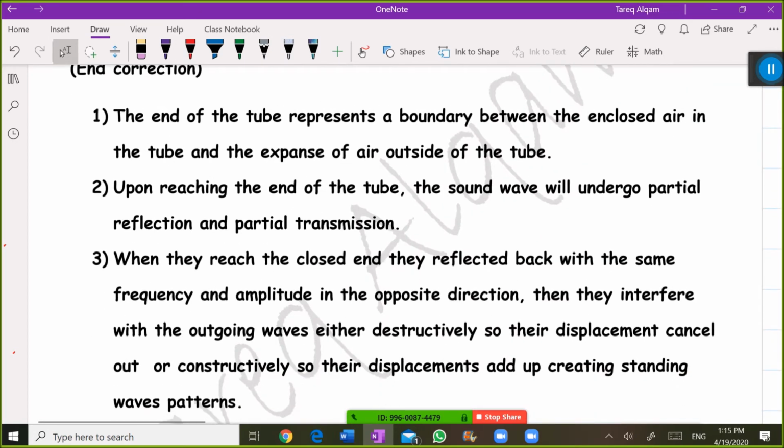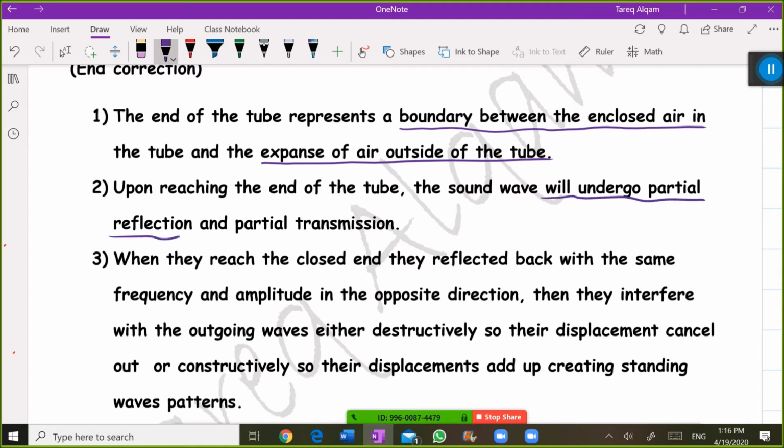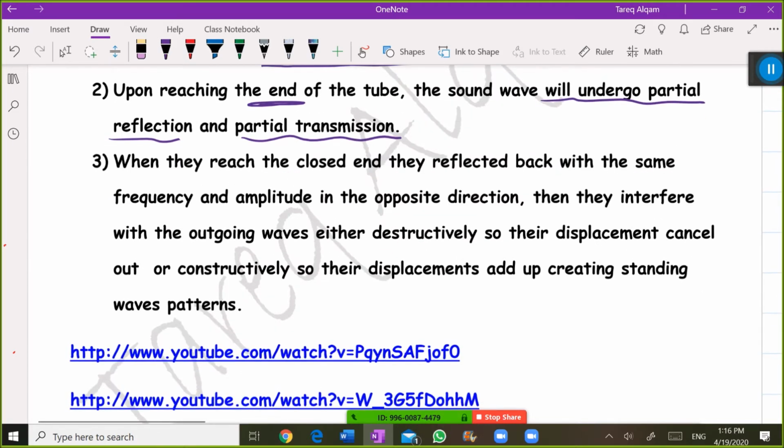The end of the tube represents a boundary between the closed air in the tube and the expanse of air outside the tube. The sound will undergo partial reflection or partial transmission when they reach the end, as we mentioned before. Again, when they reach the closed end, they are reflected back with the same frequency and amplitude, interfere constructively, destructively, and so on.